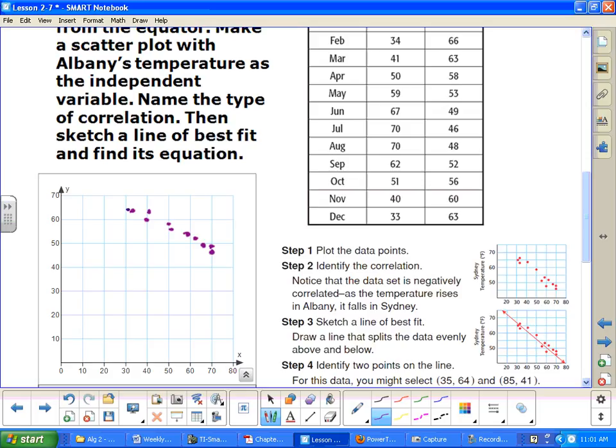Okay, so there are our points. Okay, so this data is going down to the right, so that means it will have a negative correlation.